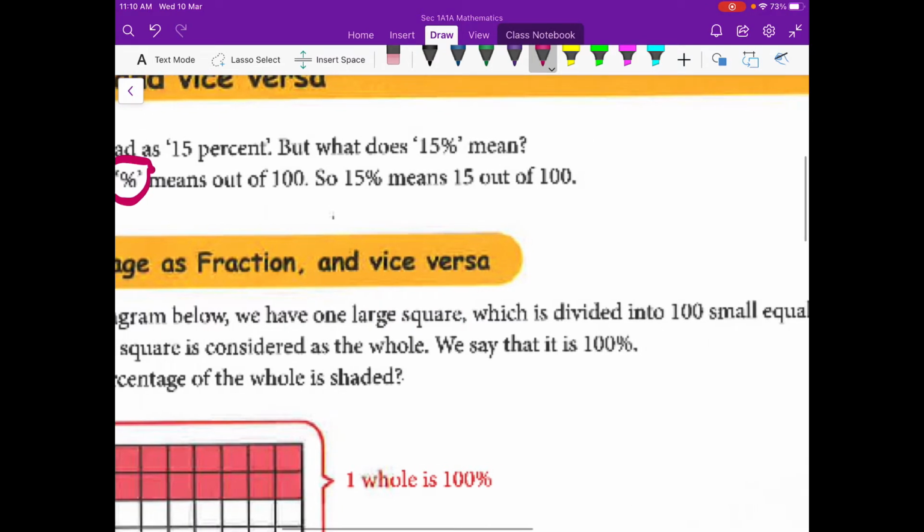So in short, when we say 15%, it simply means 15 out of 100. Out of refers to a fraction. 15 out of 100, 15 divided by 100. So every time you see this percent symbol, it just means divide by 100. Okay?